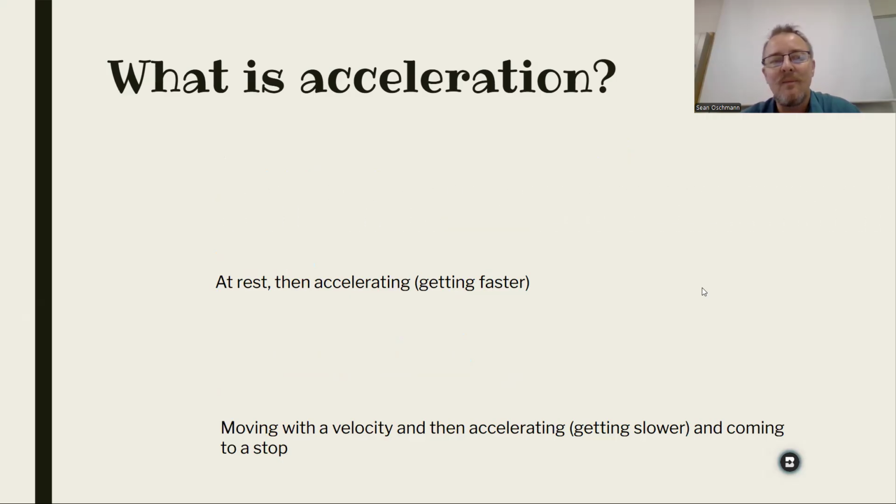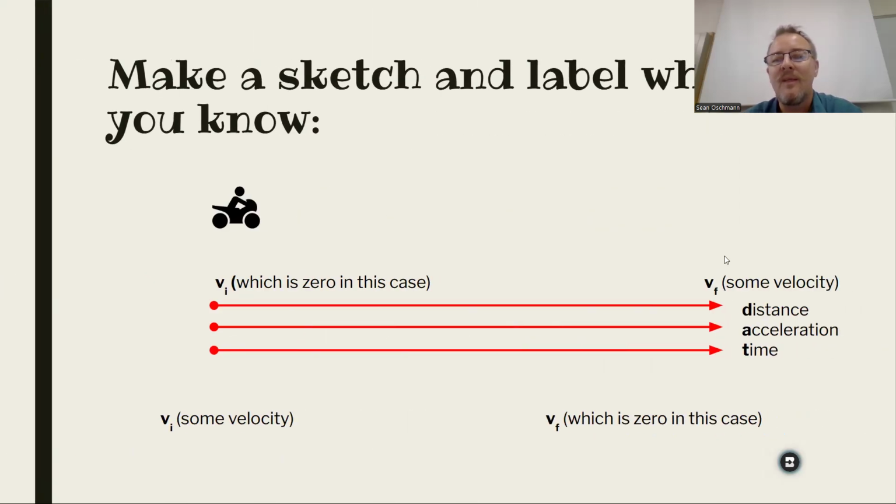So again, here, something is at rest and then accelerates and gets faster, or something is already moving with some velocity and then accelerates, getting slower and coming to a stop. Here are the things that we would know about the situation. Vi is the initial velocity. In this case, when somebody's standing, of course, it's zero. And then final velocity, that is some velocity.